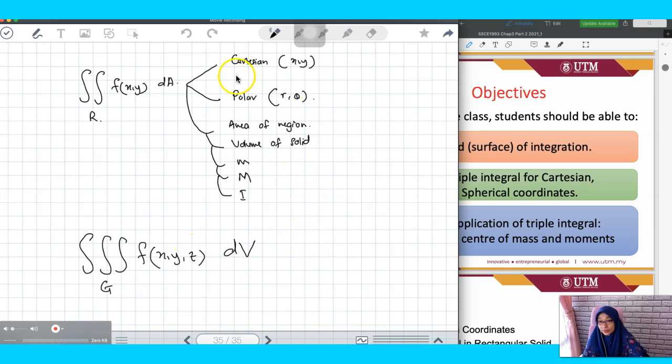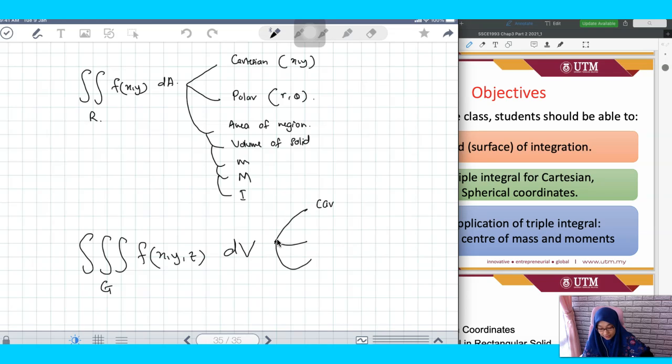I will show you how to evaluate the triple integral in Cartesian, in cylindrical which is just like polar, and in another one we call the spherical coordinate. It's just a quick introduction.